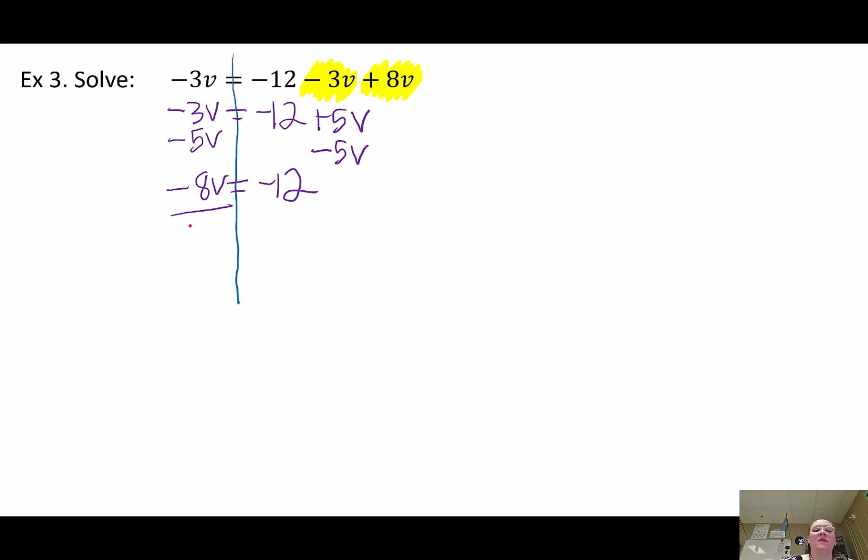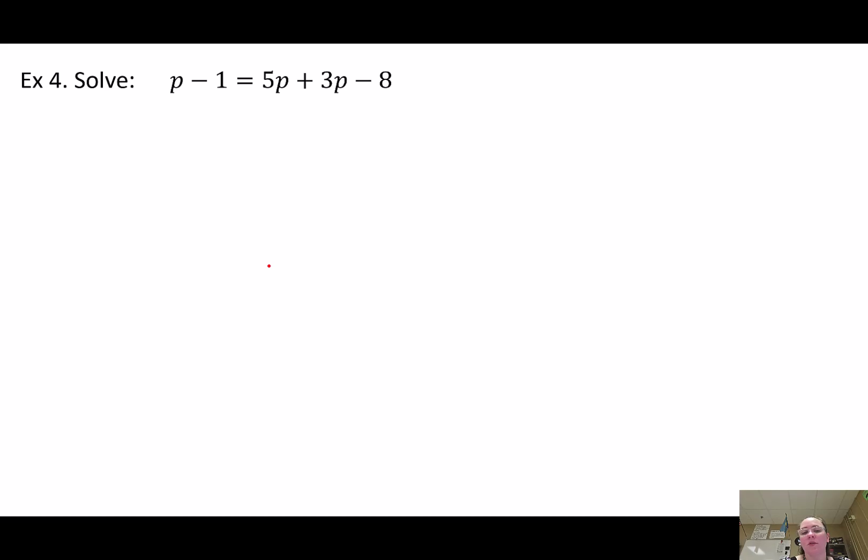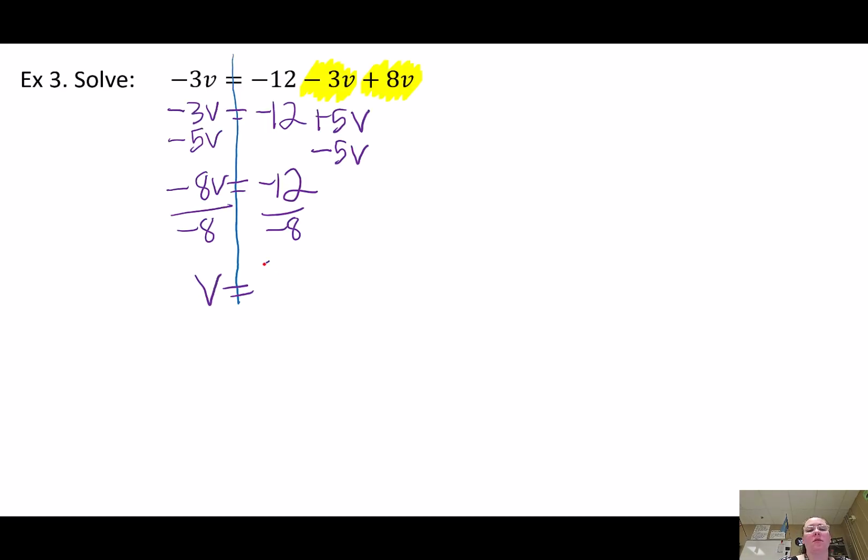Okay, then we're going to divide both sides by a negative 8. So v is equal to, well, negative 12 over negative 8 doesn't become a nice whole number, but a negative divided by a negative is a positive, and both 12 and 8 are divisible by 4. Whoops. So I get 3 halves.